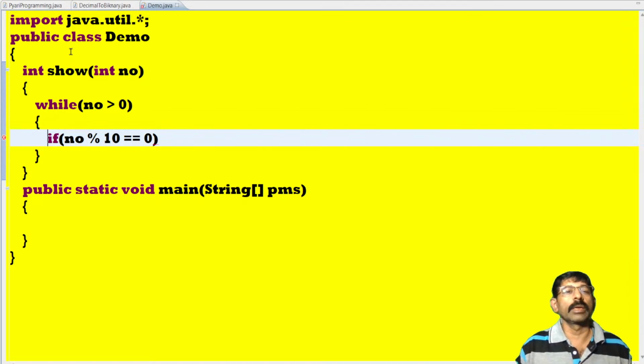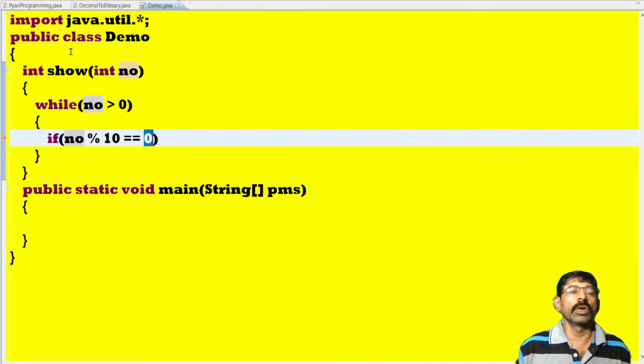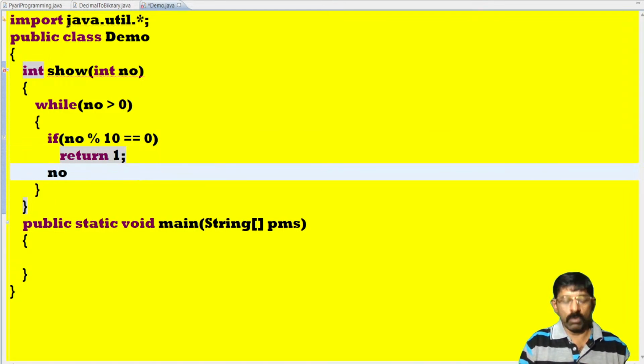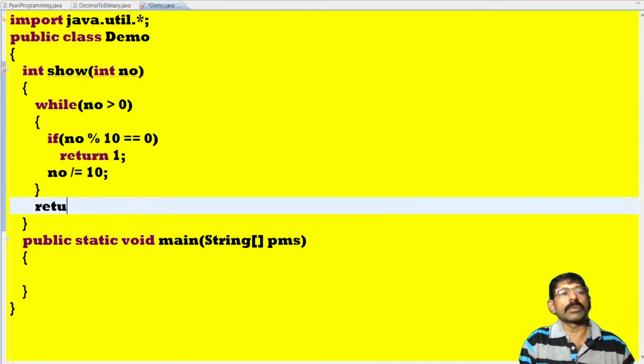That means I am saying that if the number is divisible by 10, dividing with 10, its remainder, that means a digit, is 0. If a number contains 0, then return 1. If it is not, then no divide equals 10, to reduce the number. When I come out of it, I am saying return 0.